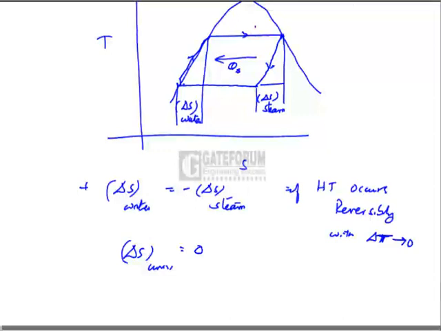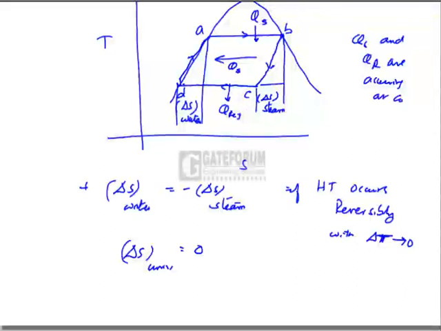So external heat transfer is there only in the heat supply, that is in the process A to B, and the heat rejection will be there only in C to D, during the condensation at constant temperature, because both heat supply and heat rejection are occurring at constant temperature.